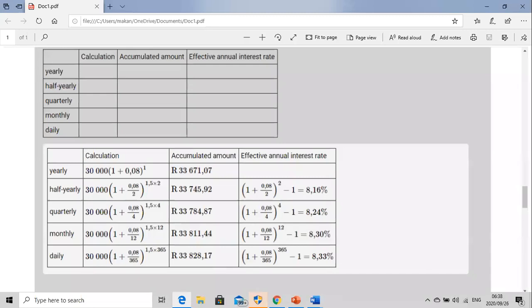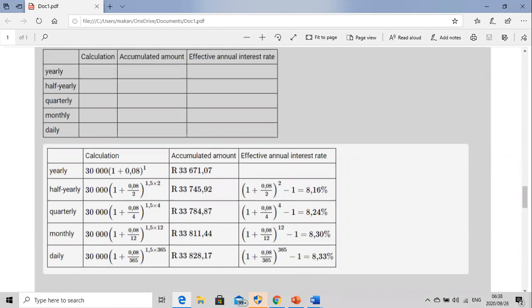So in this one, you calculate interest on the actual amount that consists of the interest. So what I've done here, I've actually divided my spreadsheet into two, where we look at the accumulated amount together with the effective annual interest rate. As you can tell, we have used the proper formula, that is the compound interest formula.